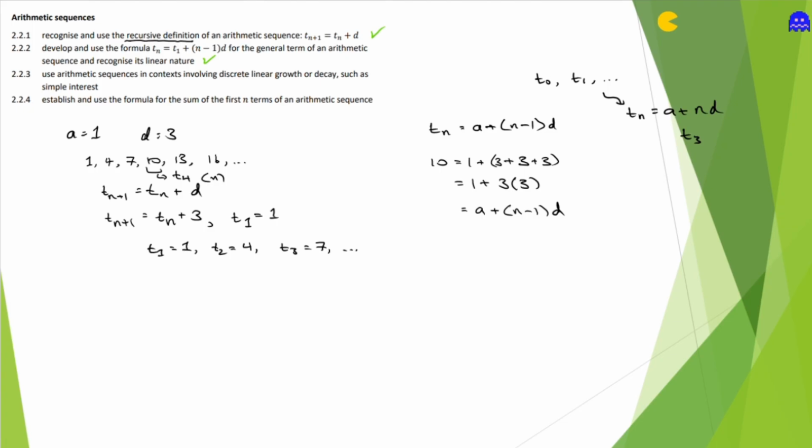Because we initially had t0, and in this case our n is equal to 0. So t0 equals a. t1 in this case equals a plus 1 times d, equals a plus d, and so on and so forth. So this is why whether we define our first term as t0 or t1 matters. It affects how we express our general formula for an arithmetic sequence.